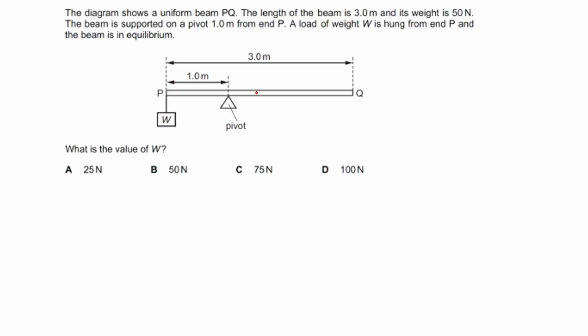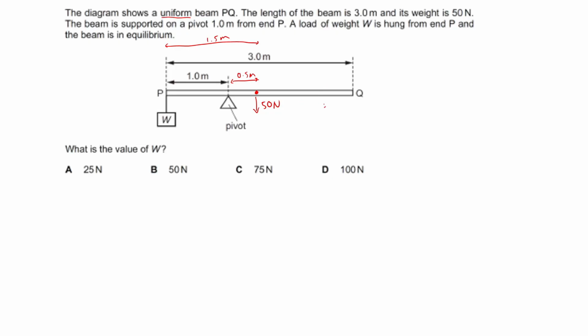But it's going to be in the middle here, based on the center of gravity, and since this is a uniform beam, it's just going to be in the very middle. And this is going to be 50 newtons as given. Since it's in the middle, it's 1.5 meters from the side, and from the pivot it's 0.5 meters.